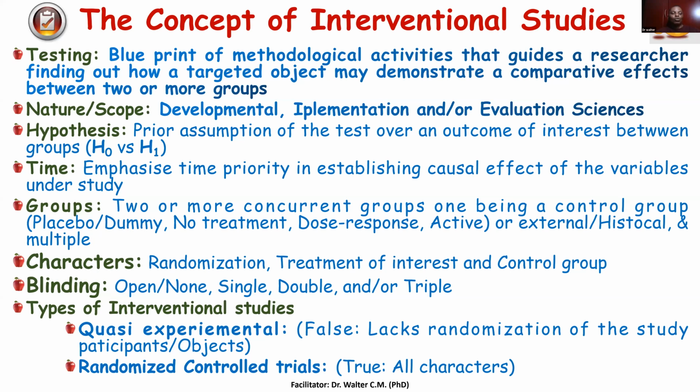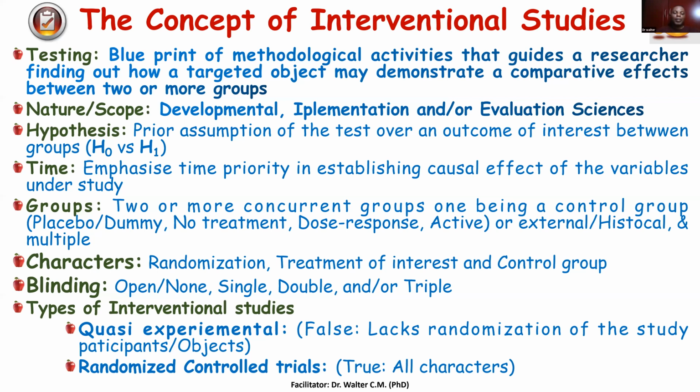So this is among the components that are compulsory when you define the concept of interventional study designs. We also have blinding. In interventional studies, we need to have blinding, and we have types of blinding. We have open blinding, which means none of the parties is blinded: the data collector, researcher, data analyst, and participants are all not blinded.